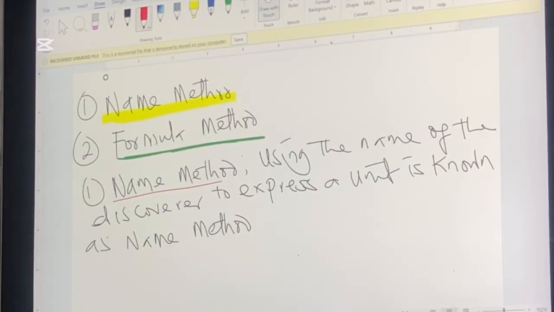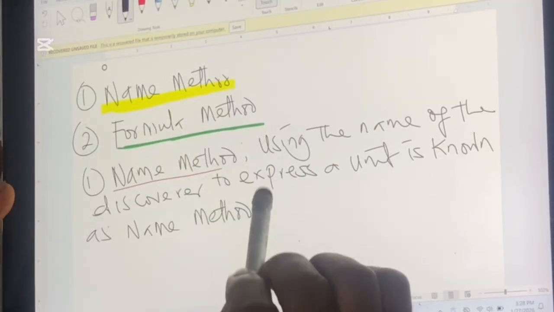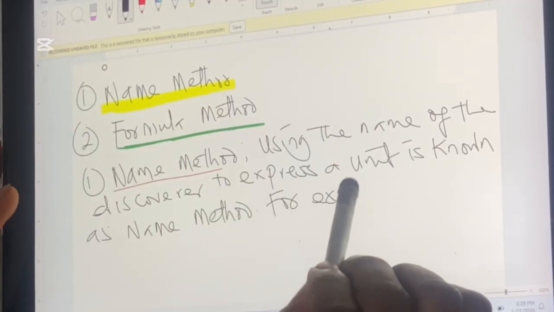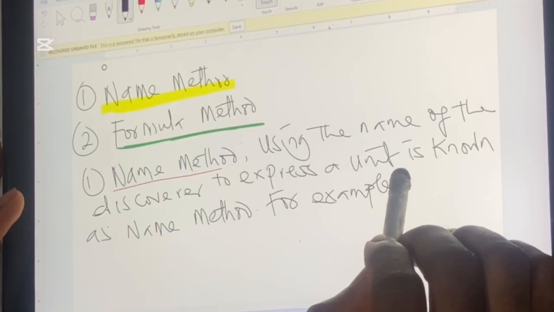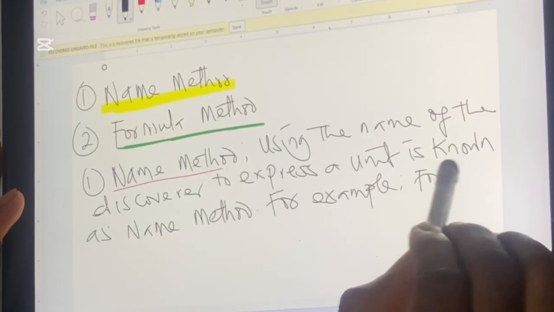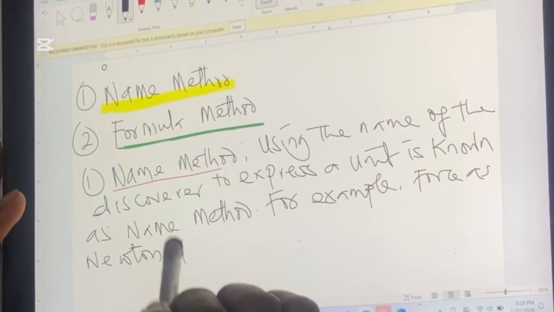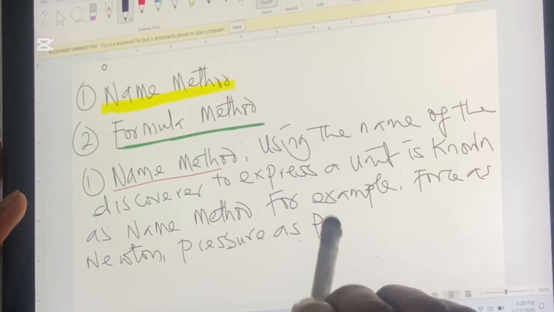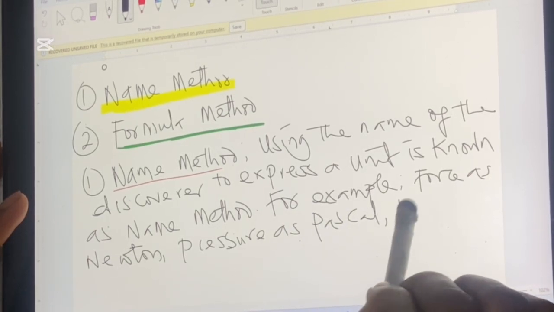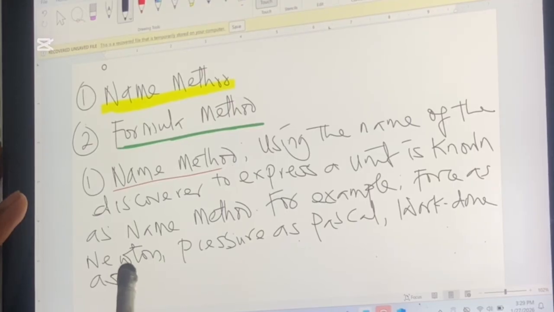Please take notes. So for example, force as Newton, pressure as Pascal, work done as Joules.